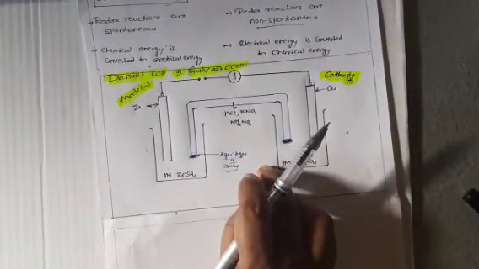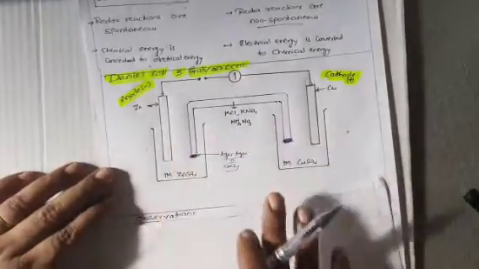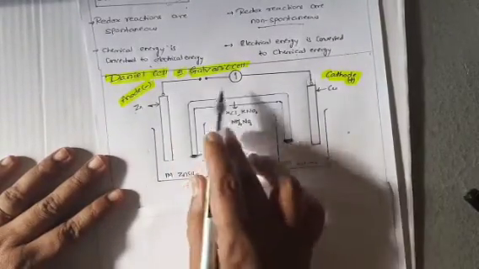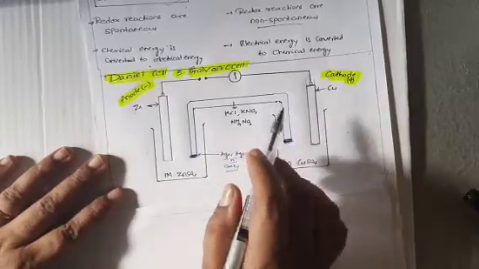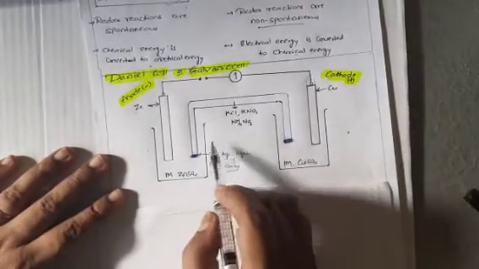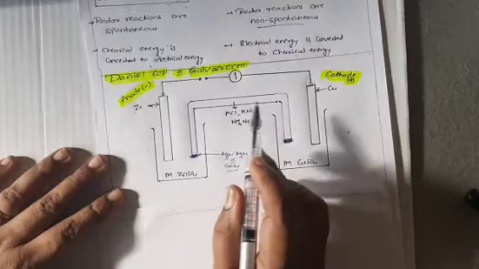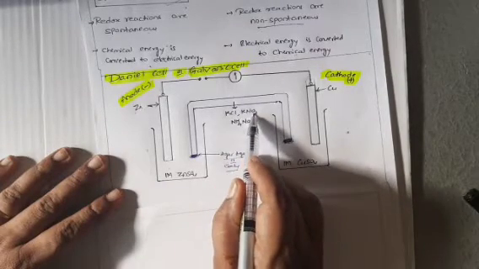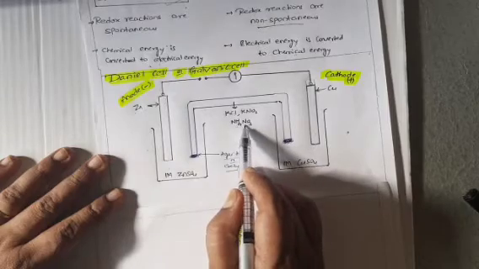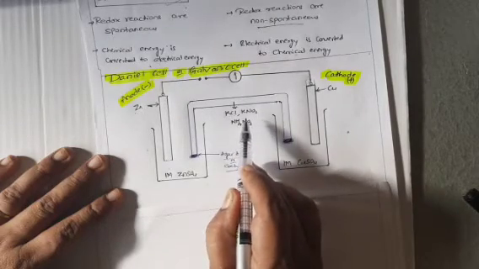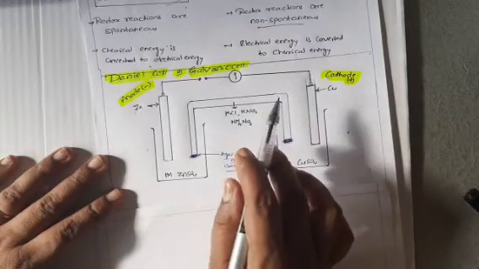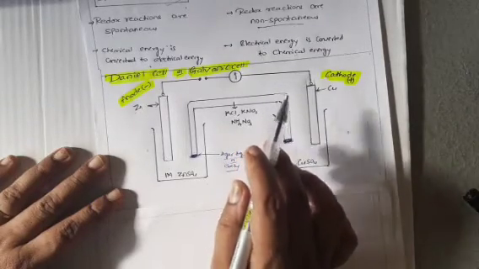In the salt bridge, the U-tube, we are taking some electrolyte, that is KCl or KNO3 or NH4NO3. These electrolytes we have to take in the U-tube in the form of semi-liquid state.